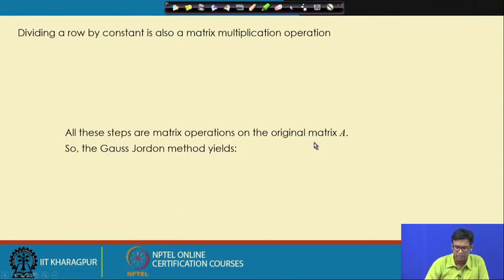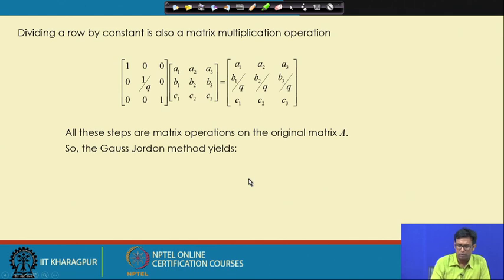For example, if for this matrix the second row has to be divided by a term q, we multiply this matrix by a matrix with 1, 1 by q and 1, and this will give a B1, B2 by q, B3 matrix.